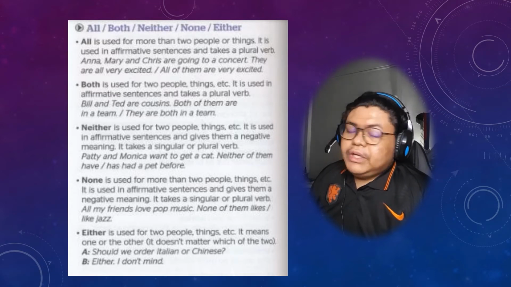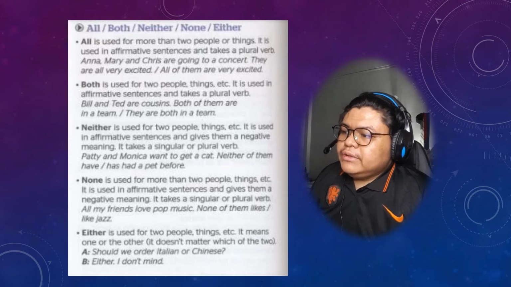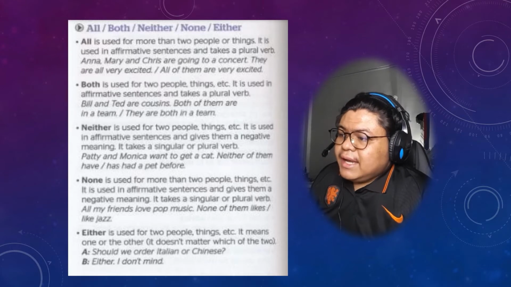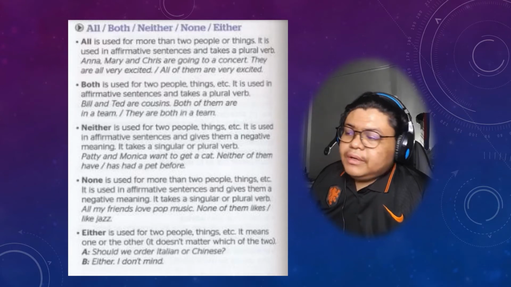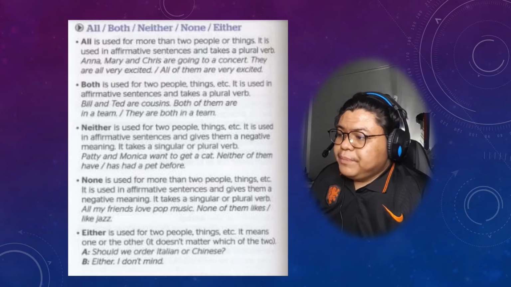The word all, in BM we call it semua. All is used for more than two people or things. It is used in affirmative sentences and takes a plural verb, obviously because it's all. Kesemuanya.